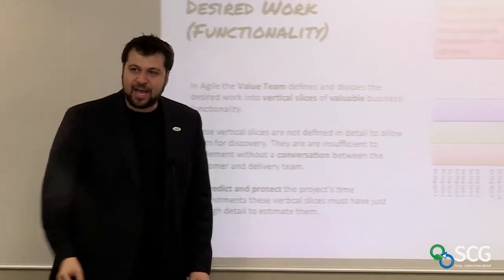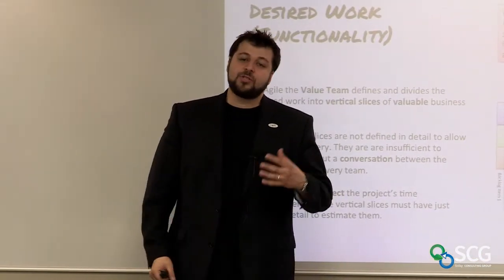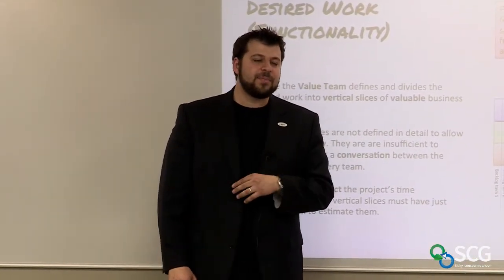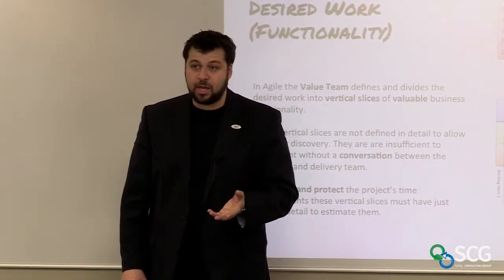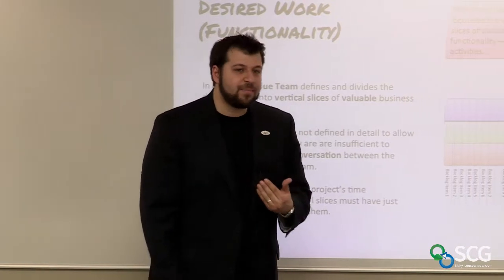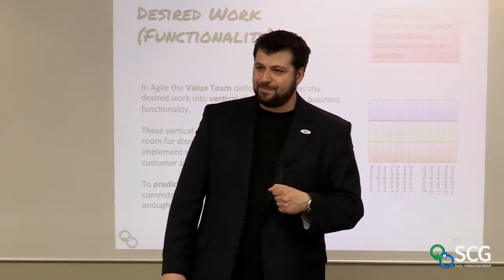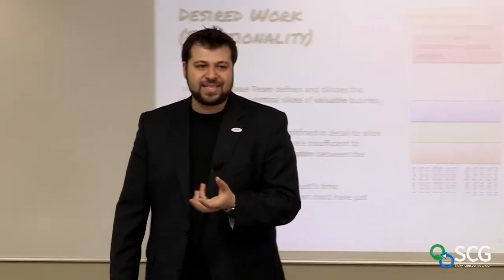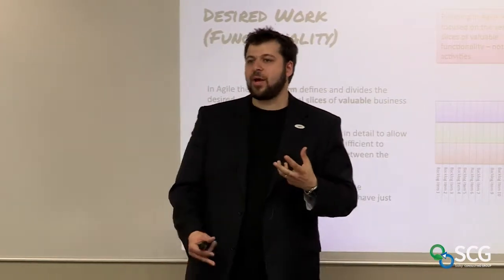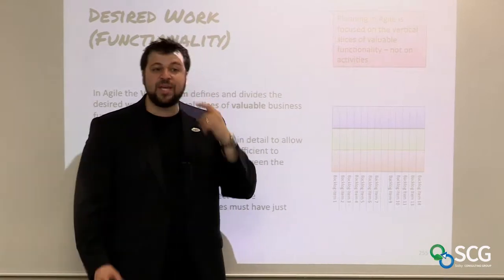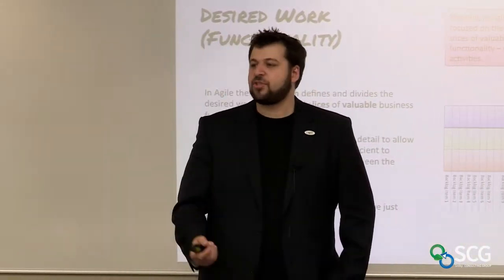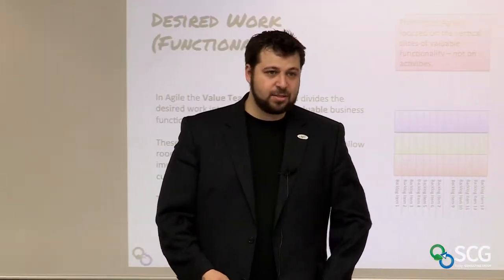It's an entire slice through the system. So you wouldn't find a backlog item that says build a database. You would find a backlog item that says view menu, or select sandwich. Those are backlog items. So it's functionality from the user's point of view. It is a valuable slice of functionality. Does that make sense?